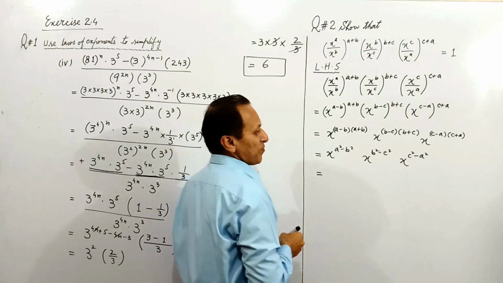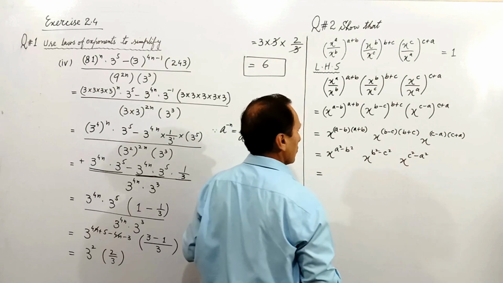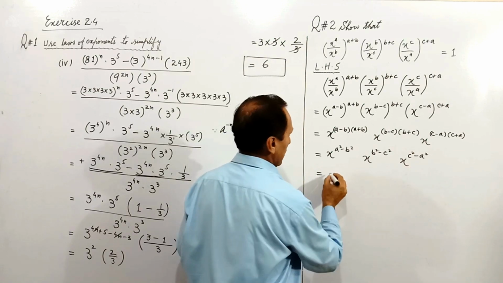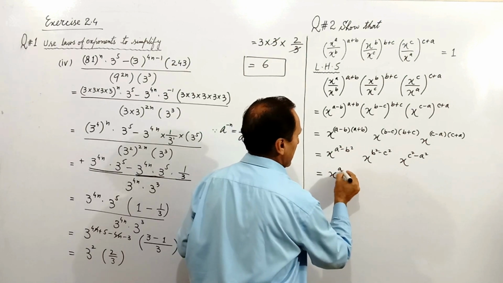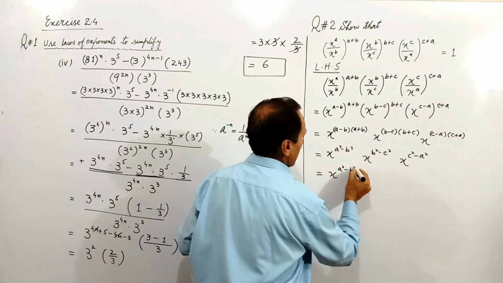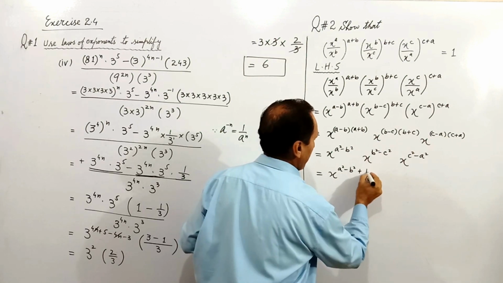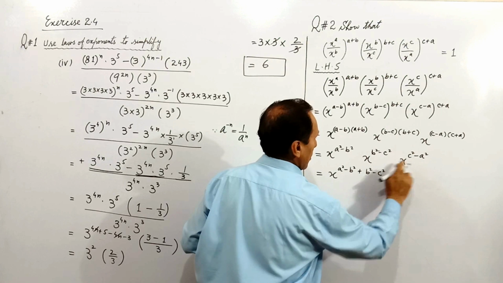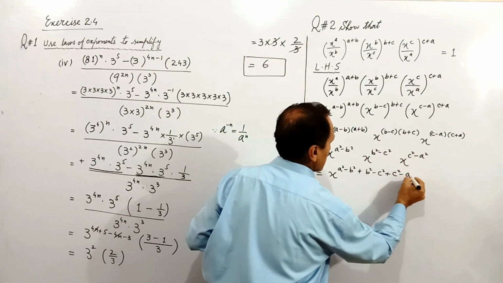In a product, if bases are same, then the powers are added, and these three values are in product form. So we take x as a common base and add their powers, a square minus b square plus b square minus c square plus c square minus a square.